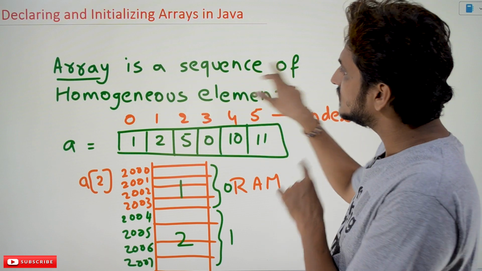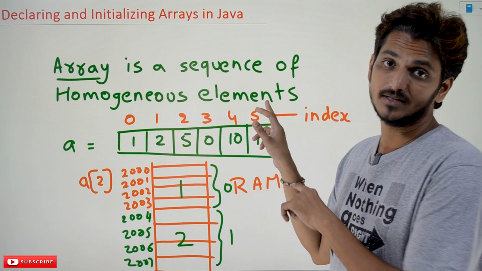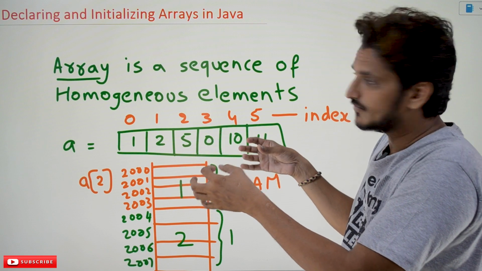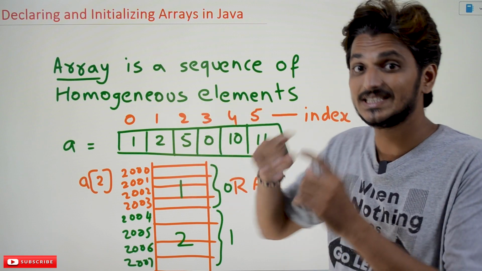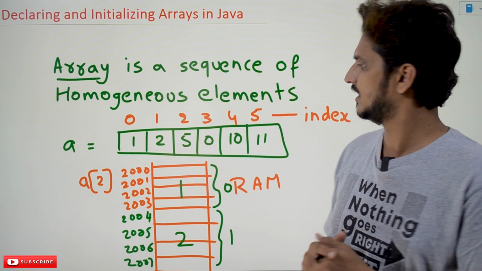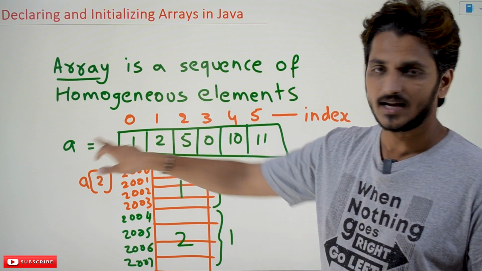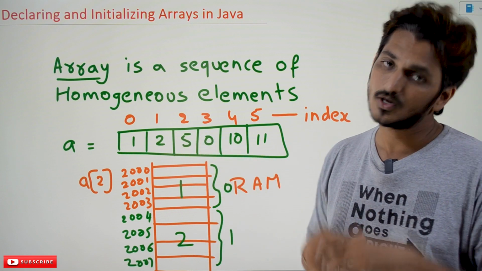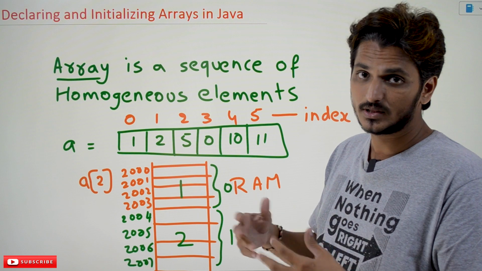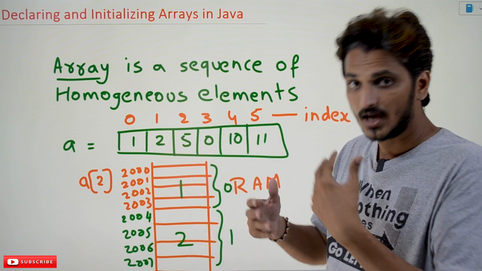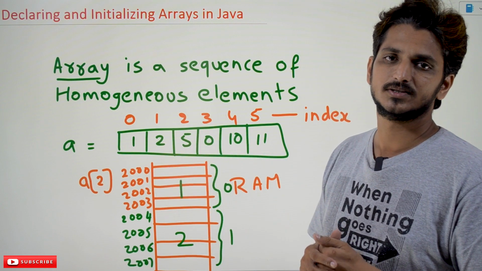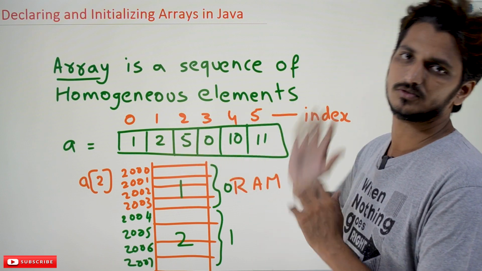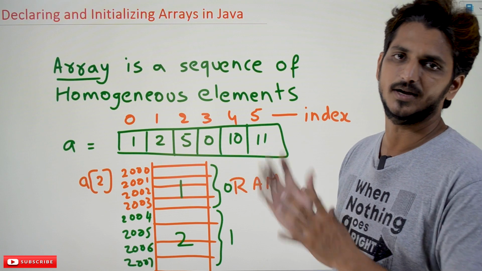An array is a sequence of homogeneous elements. Sequence means continuous memory locations are allocated for homogeneous elements, meaning the same type of elements. So this is an array A containing a sequence of integer type elements. You can go with floating point elements, double type elements, or character type elements.